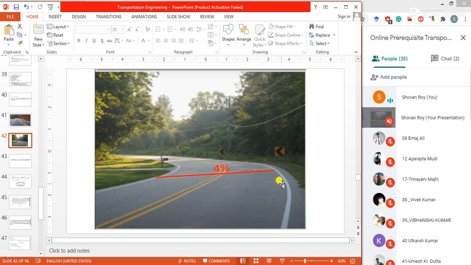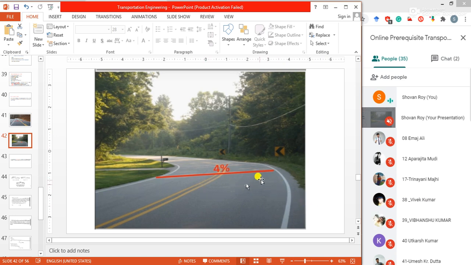So if one road, the left side road, suppose when you are going from one place to another, you can provide as an engineer that kind of slope. And for the other road you can provide just the opposite slope.